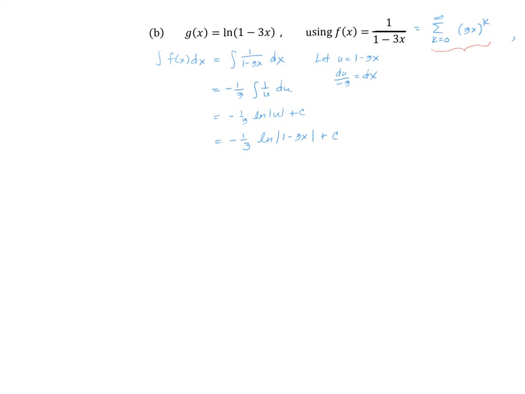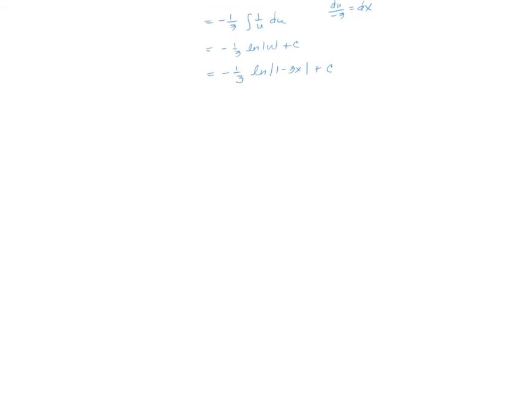I have a coefficient 3 times x. So I can't simply integrate the series by doing the k plus 1 over the k plus 1. What I need to do is expand out and find a pattern like I did before.